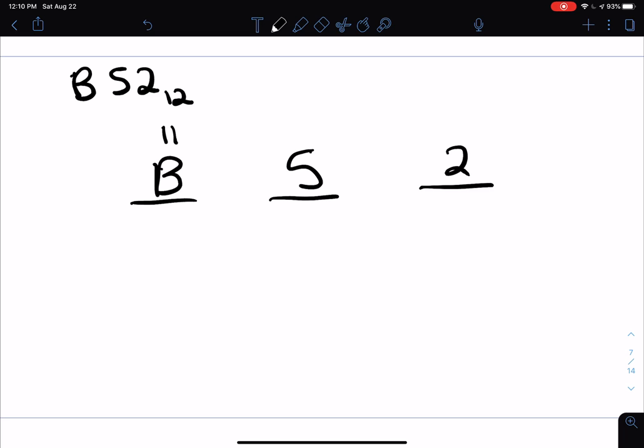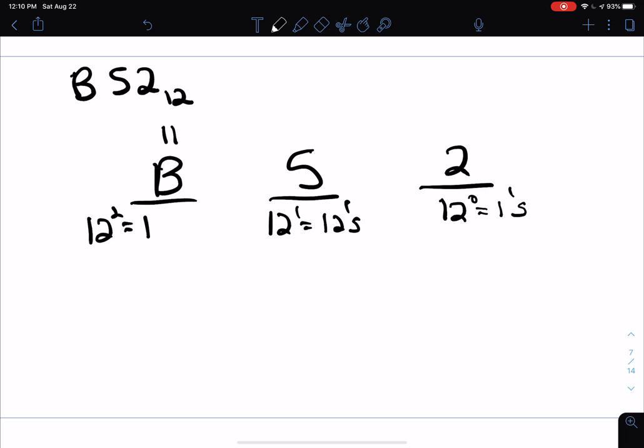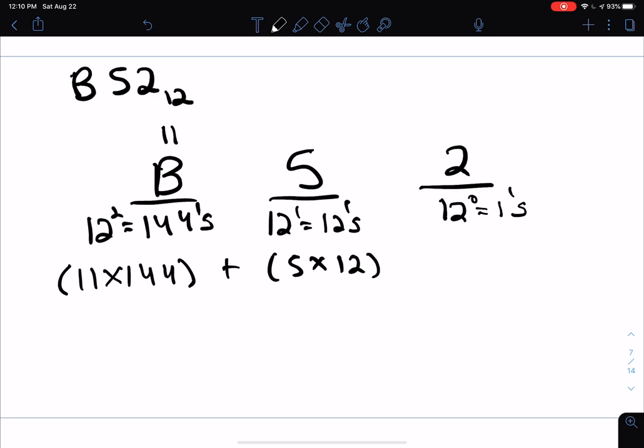I like to write that down to remind myself later so I can keep track. I'm in base 12, so far right is 12 to the 0, or the 1's place. Then we've got 12 to the first, or the 12's place, and 12 squared, or the 144's place. This is definitely one where I could probably do it without a calculator. So I'm going to be doing 11 times 144 for this, 5 times 12 for this, and 2 times 1 for this.